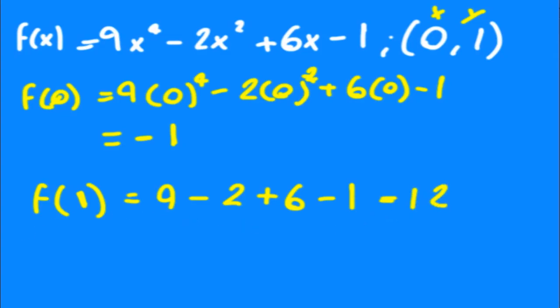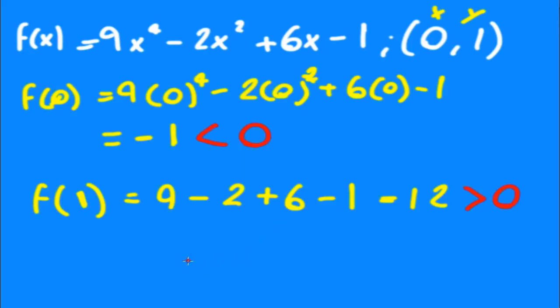Now, what you want to see here is that the result from your x has to be smaller than 0, and the result from your y has to be greater than 0. So if you have your x smaller than 0, which in this case we do, -1 is smaller than 0, and your y is greater than 0, yes, 12 is greater than 0, then there is a 0 in your interval.